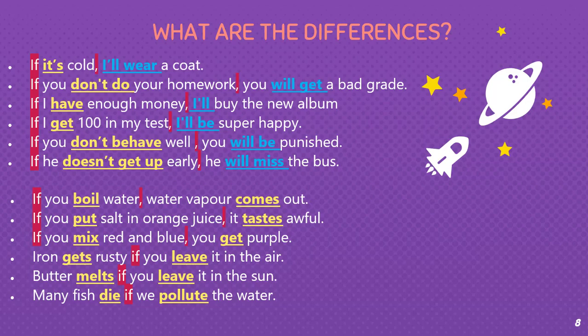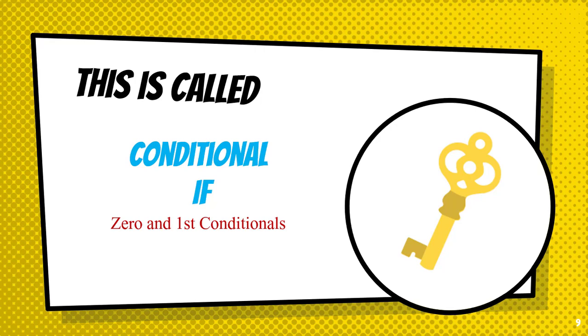What about the things in common? True, all the verbs in these sentences are in the present simple tense, like boil, tastes, leave, melts, pollute, and so on. This is called conditional if, zero and first conditionals.